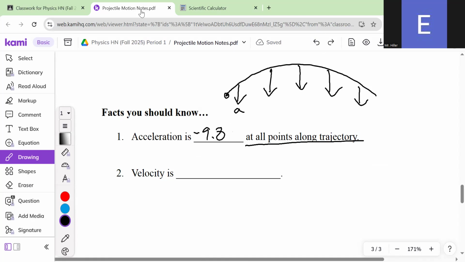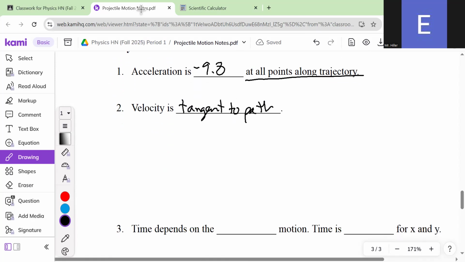Because that is the rate at which objects are slowing down on their way to the highest point, and it's the same rate as objects are speeding up from the top. The velocity is tangent to the path. If this is your trajectory, then your velocity is going to look like that. It'll just be tangent to the path.